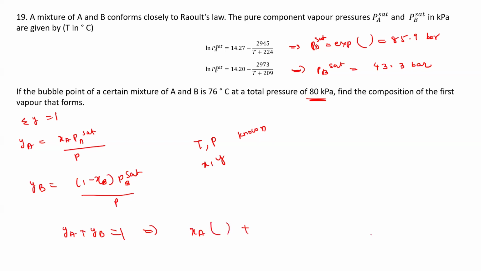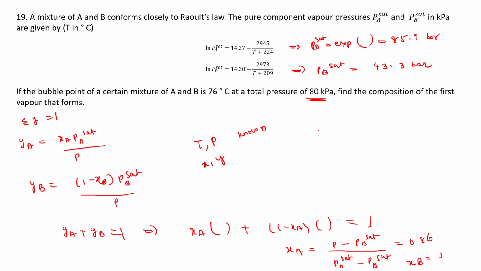This is a linear equation, and simply solving, you will find that XA equals P minus PB sat by PA sat minus PB sat, which equals 0.86. And hence XB is also known, 1 minus XA, equal to 0.14.